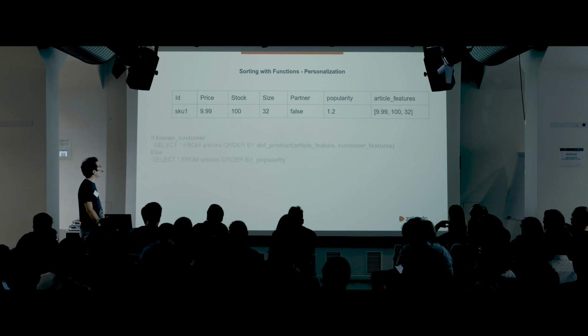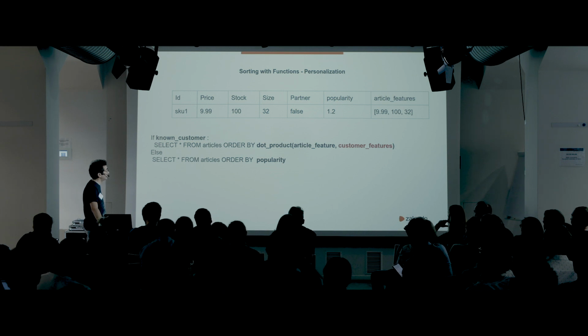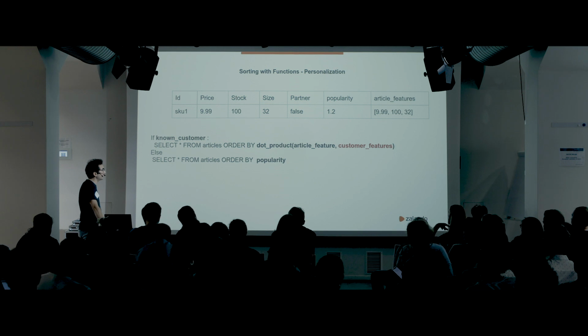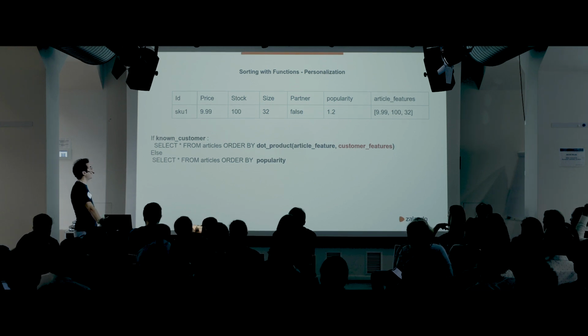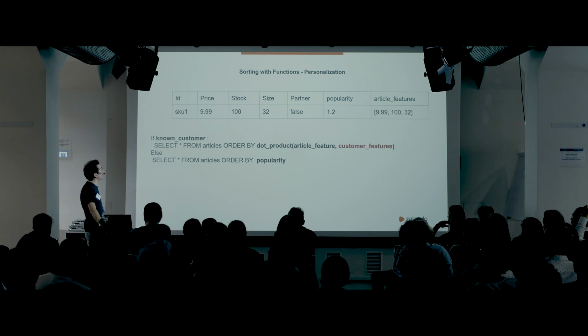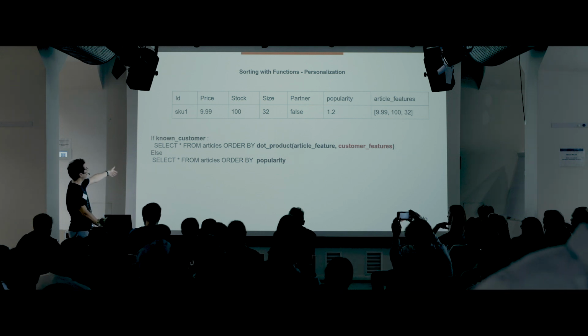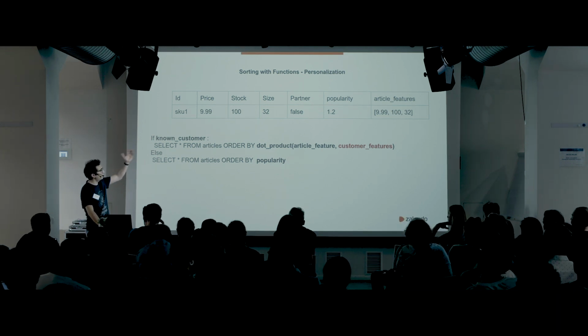And since painless scripts also take external parameters from your request, you can now pass customer features into your painless scripts, where you can have just a dot product, and then sort them, to personalize the search results. And in case you don't know the customer, you can still fall back to the popularity.